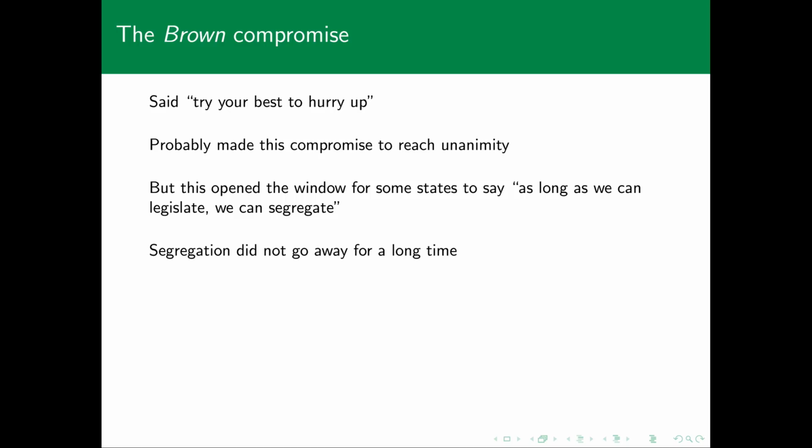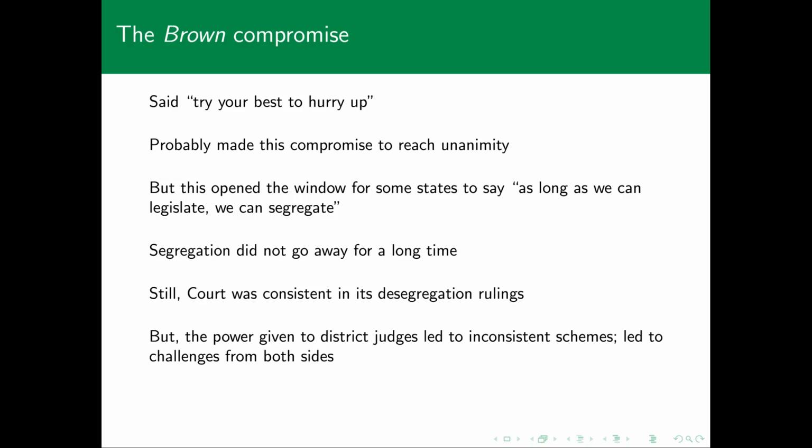It consistently ruled that kind of fishy, suspicious separations were probably segregation. But the power given to district judges, who, remember, oftentimes are coming from that area. So if you're a district judge in, for instance, Mississippi, you might be from the South. That led to some inconsistent schemes across the country.